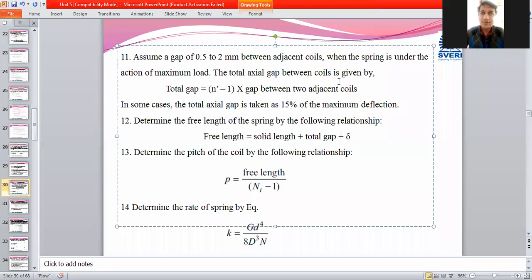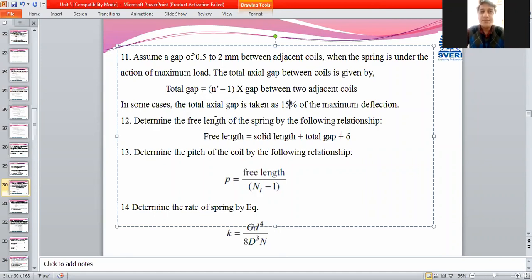Instead of using this equation, you can directly take the total gap as 15% of its maximum deflection for springs designed for industrial purposes, like sugarcane industries or process equipment where processing is done. In that case, this assumption is made directly without going to this equation.